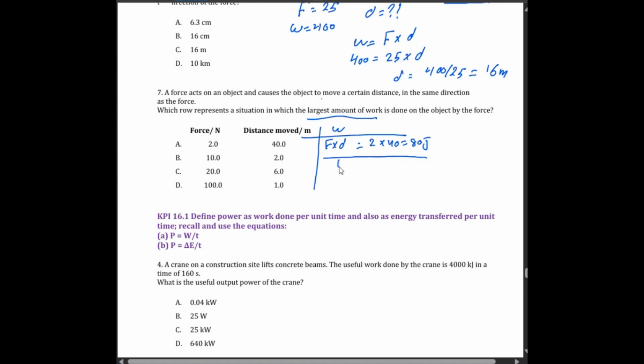The second one, 10 multiplied by 2 is 20 joules. The third one, 20 multiplied by 6 is 120 joules. And the last, 100 multiplied by 1, is 100 joules. So the largest work being done belongs to answer C.